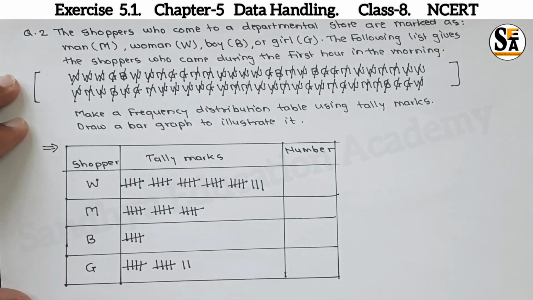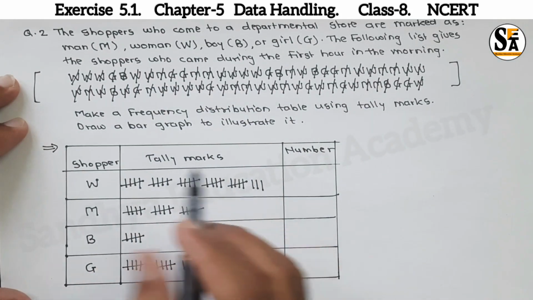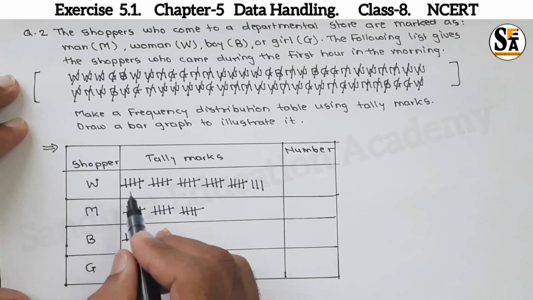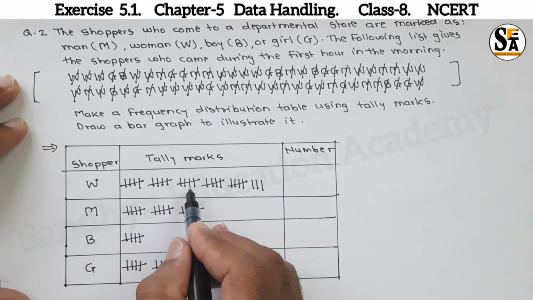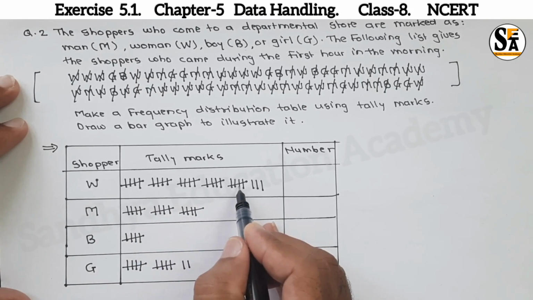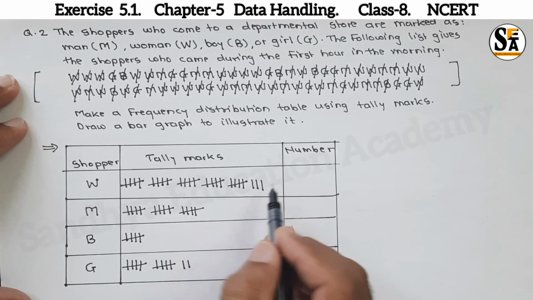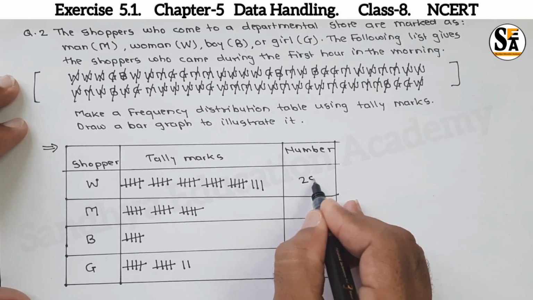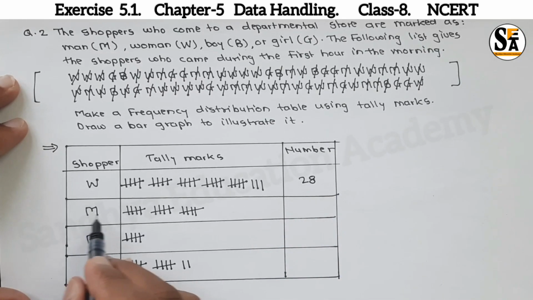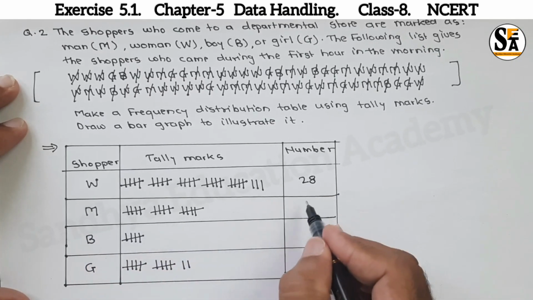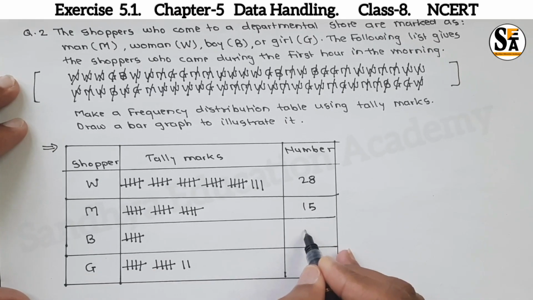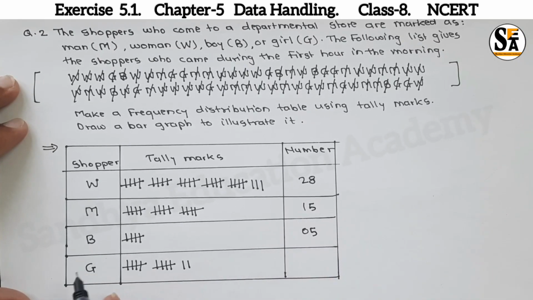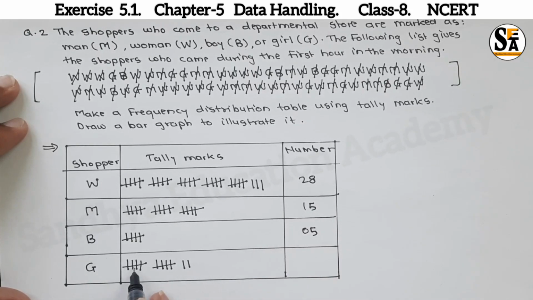And now see how many tally marks there are for W. This is groups of 5, 10, 15, 20, 25 and this 3, means there are 28. For M 5, 10, 15. For B 5, and for G 12.